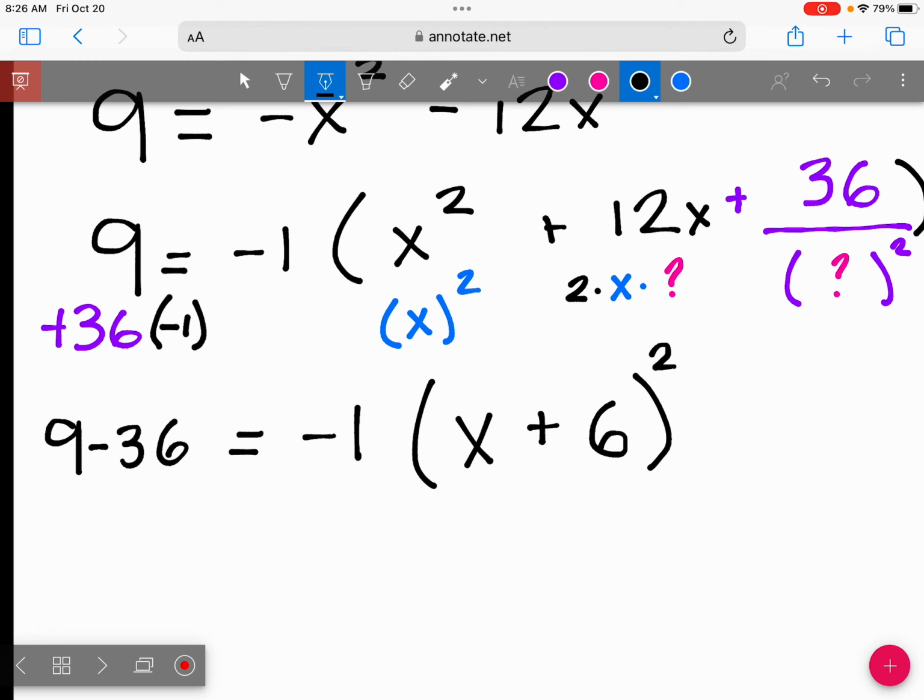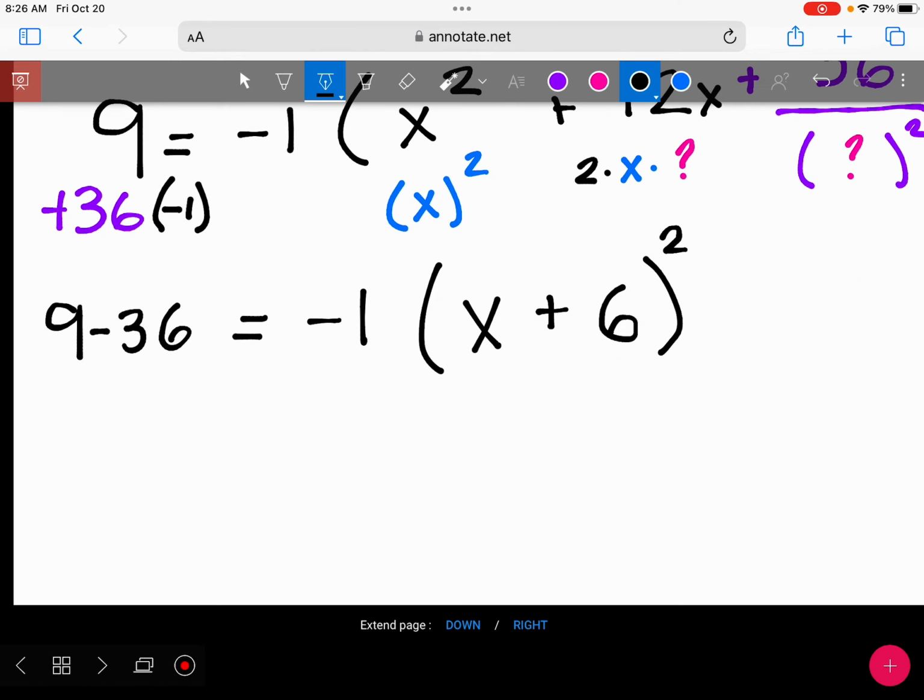Because we added our 36 to both sides. But this 36 is times minus 1. So when I add this 36, it also has to be times minus 1, because of this number out in front. I added 36 inside. So if I was to undistribute this, I'd have to multiply that guy by negative 1.